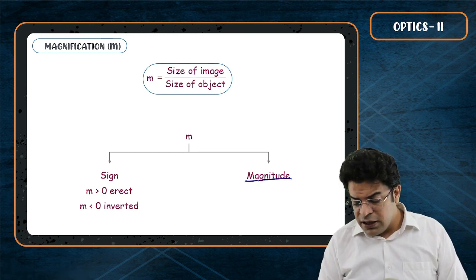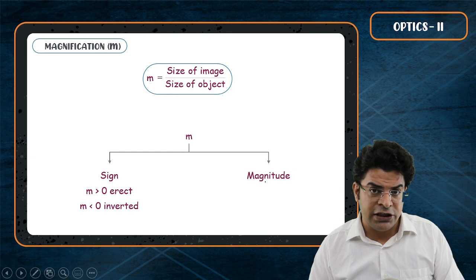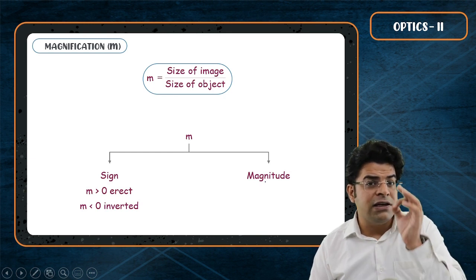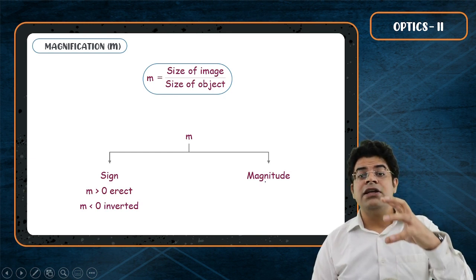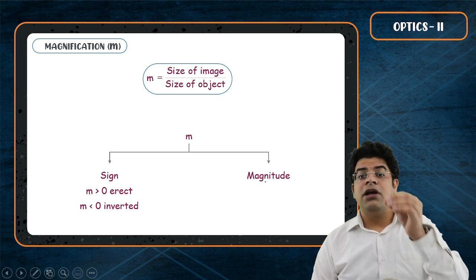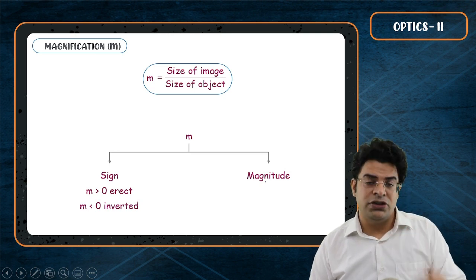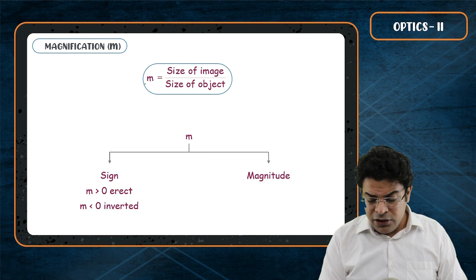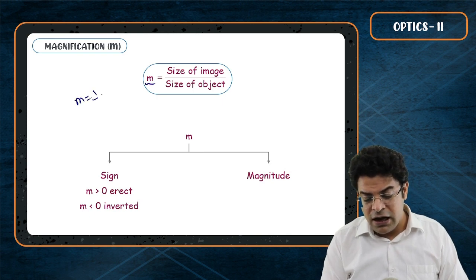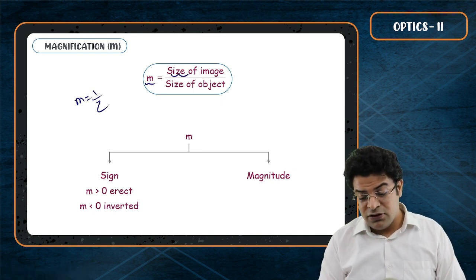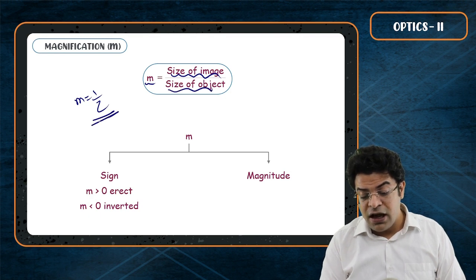So if you think of the magnitude of magnification, it tells you whether the image is diminished or the image is enlarged. If the magnitude of magnification comes out to be, let's say, half, it means that size of image upon size of object is half.